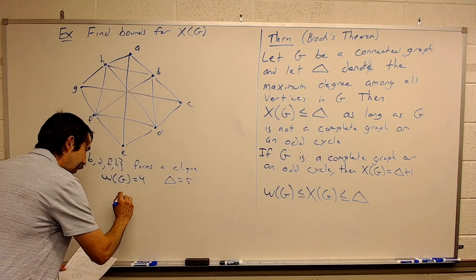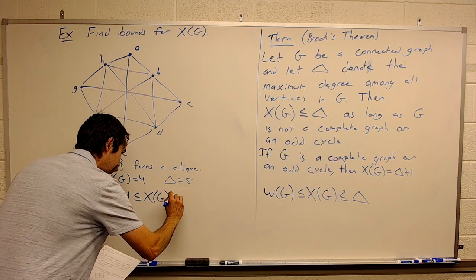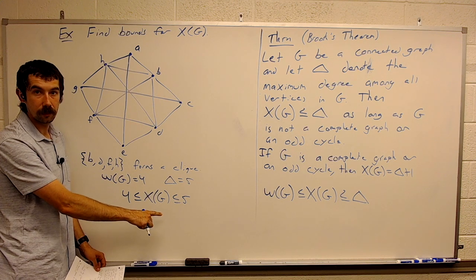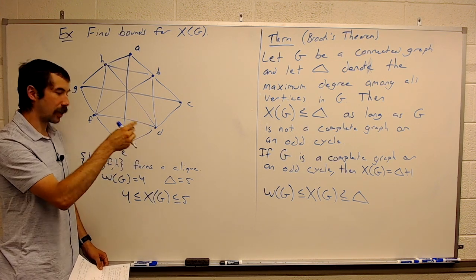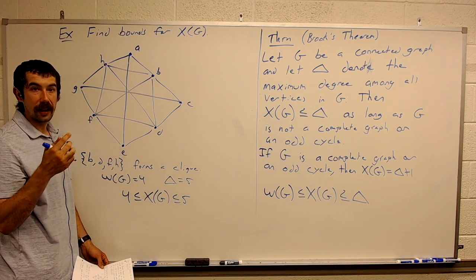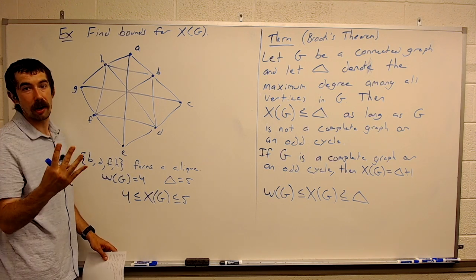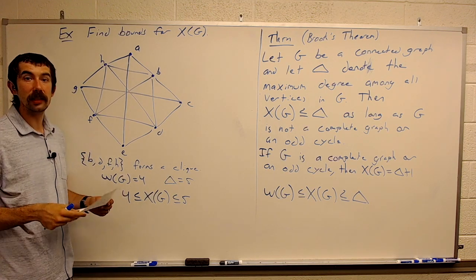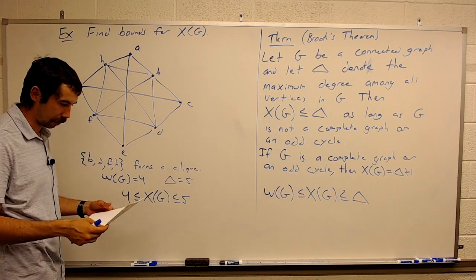And so this tells us that our chromatic number is either 4 or 5. Okay? Brooks' theorem tells us our chromatic number is either 4 or 5. And so let's now try to color our graph with 4 colors. If we could do it in 4 colors, we know our chromatic number is 4 because it's impossible to do better than 4 because of our inequalities here.